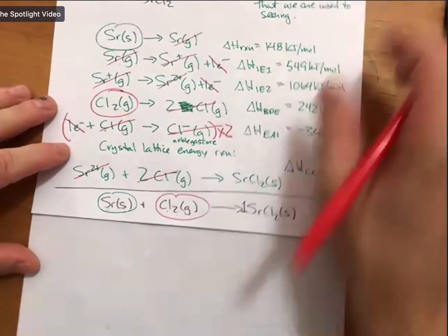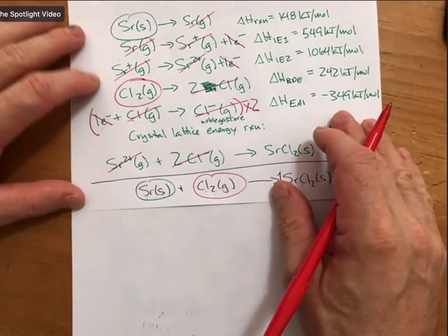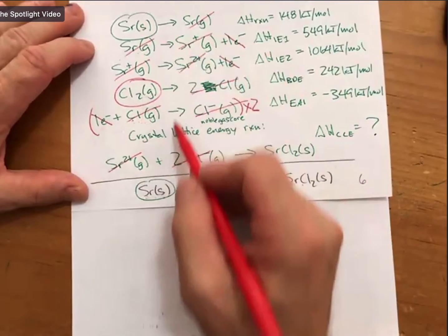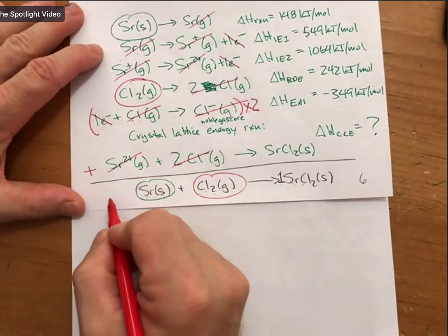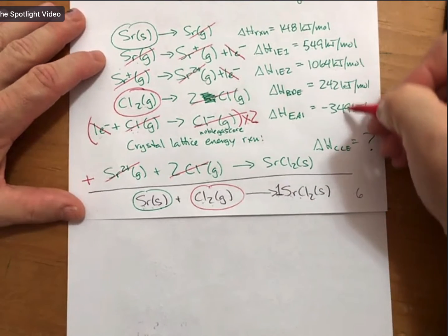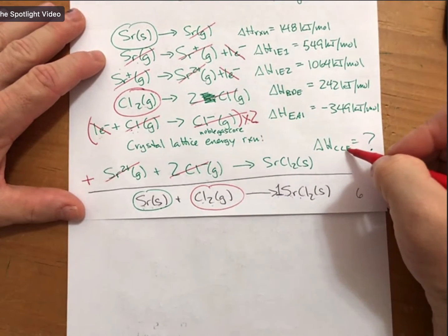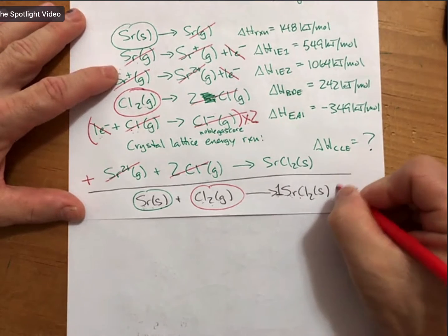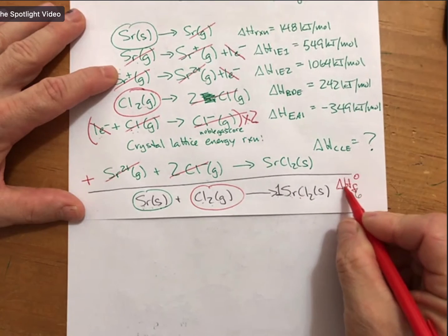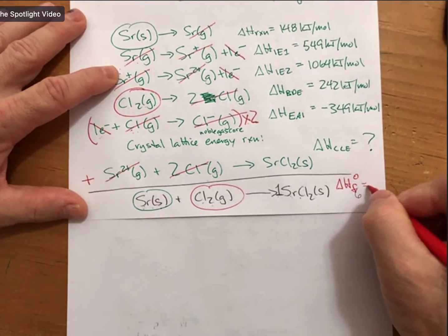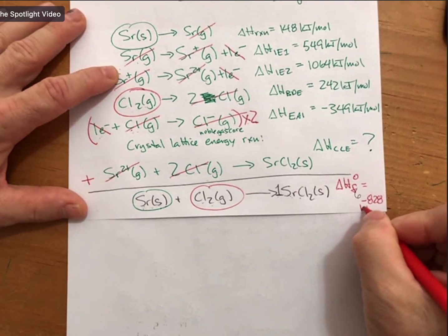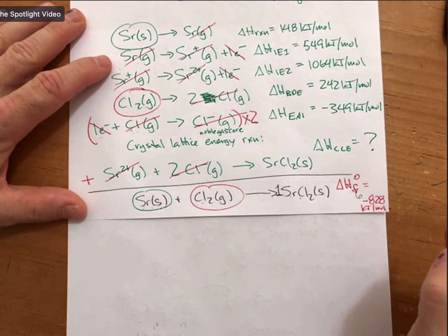If you'll remember, Hess's law works like this. You can add up all of the reactions to get the bottom reaction. And you can add up all of the delta H values to get the bottom value of delta H, which is minus 828 kilojoules per mole.